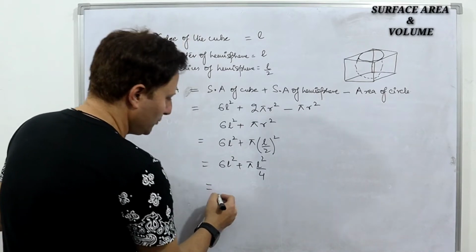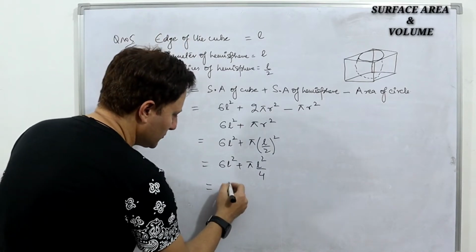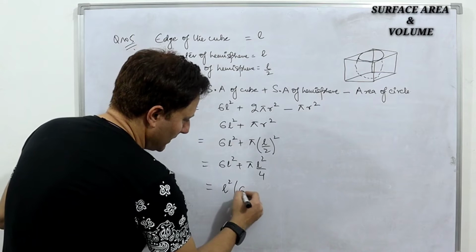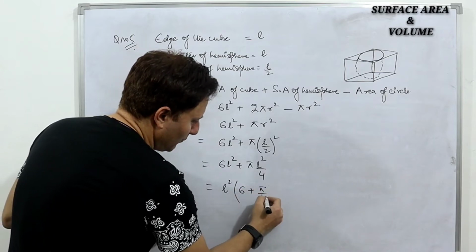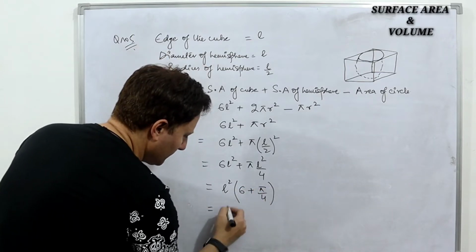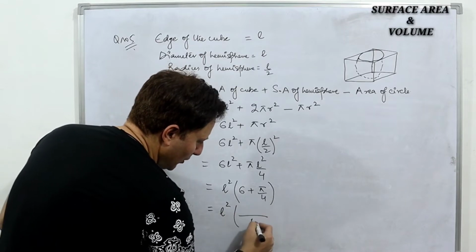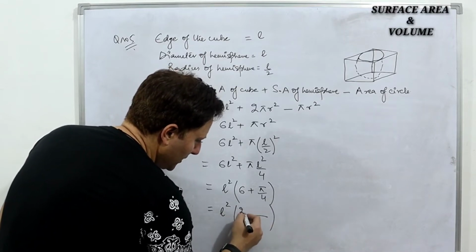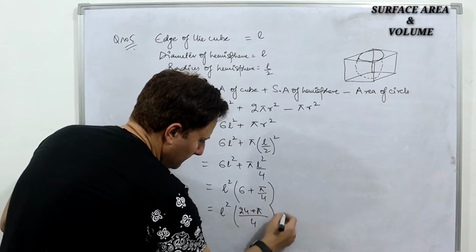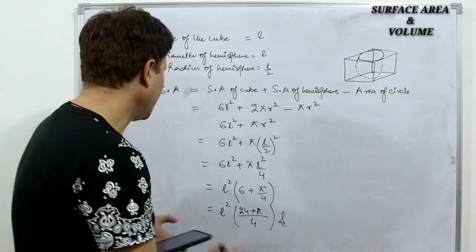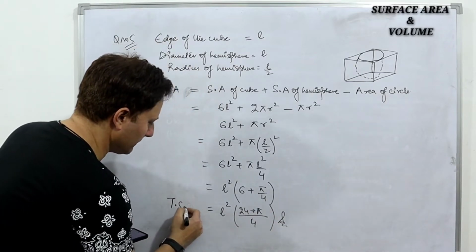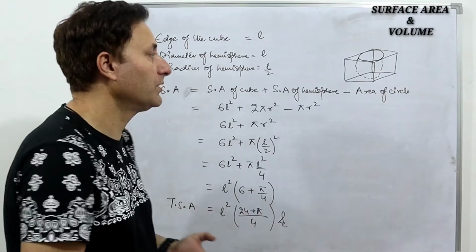One more thing we can do is take L square out, and we will have 6 plus pi upon 4. If we further solve it, it will be 24 plus pi upon 4. So that is the total surface area we were looking for.